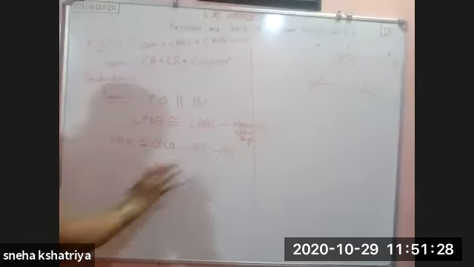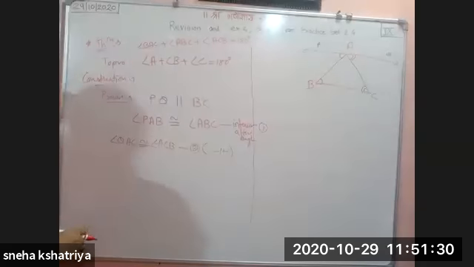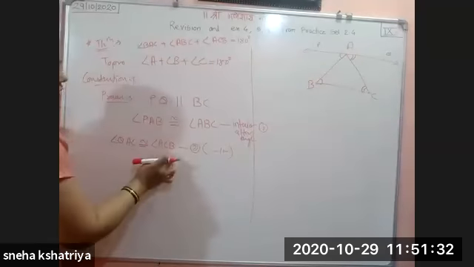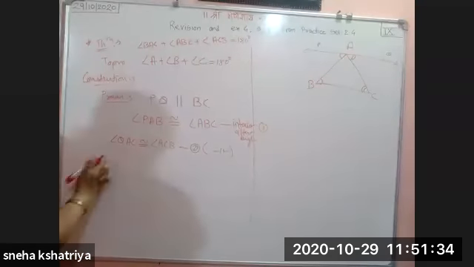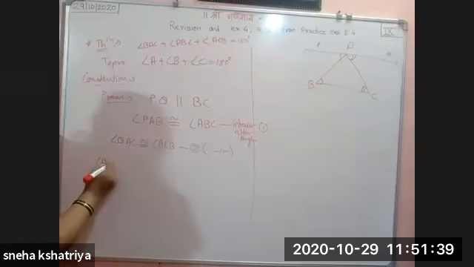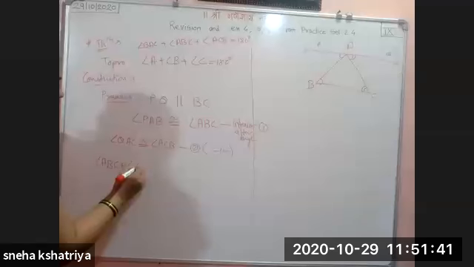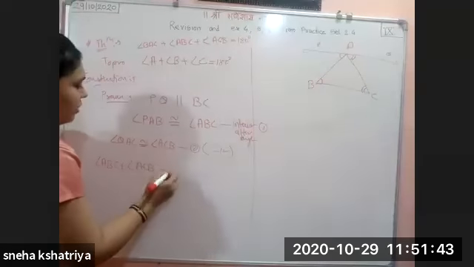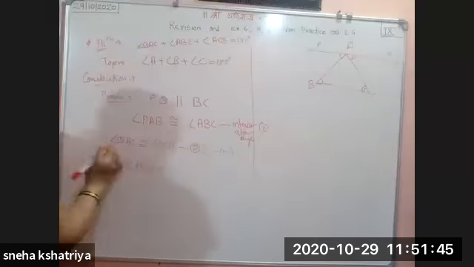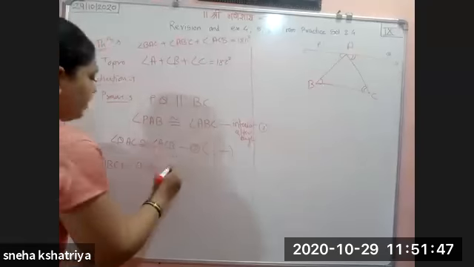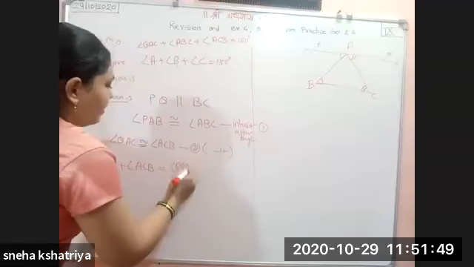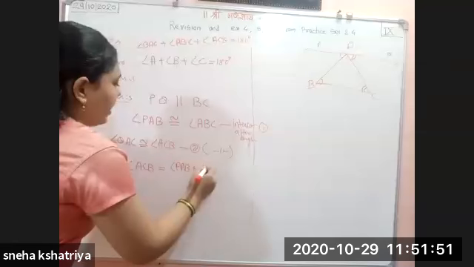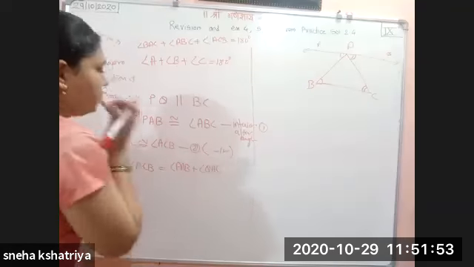So this ABC and ACB we need on the left side, so I am taking them to the left side. Angle ABC plus angle ACB is equal to, adding both, angle PAB plus angle QAC.